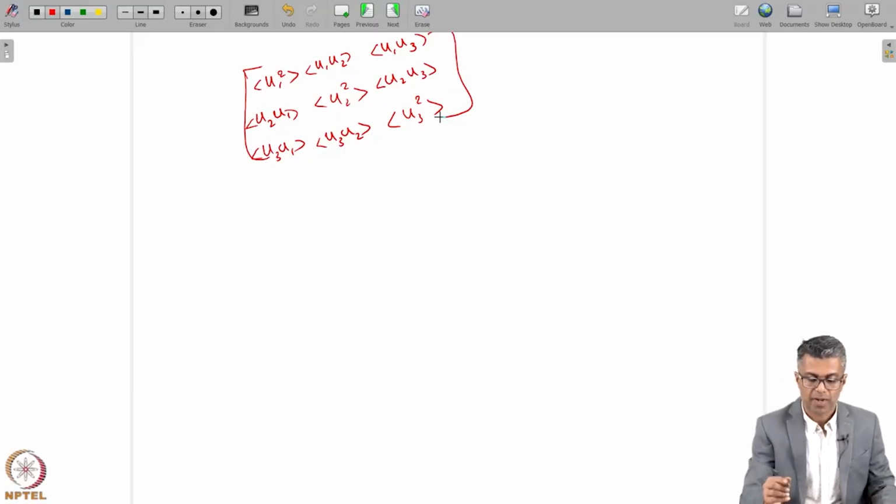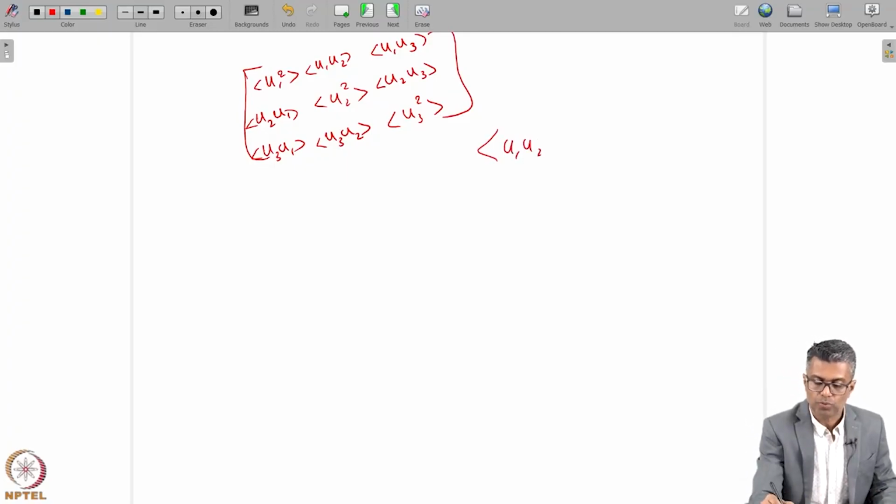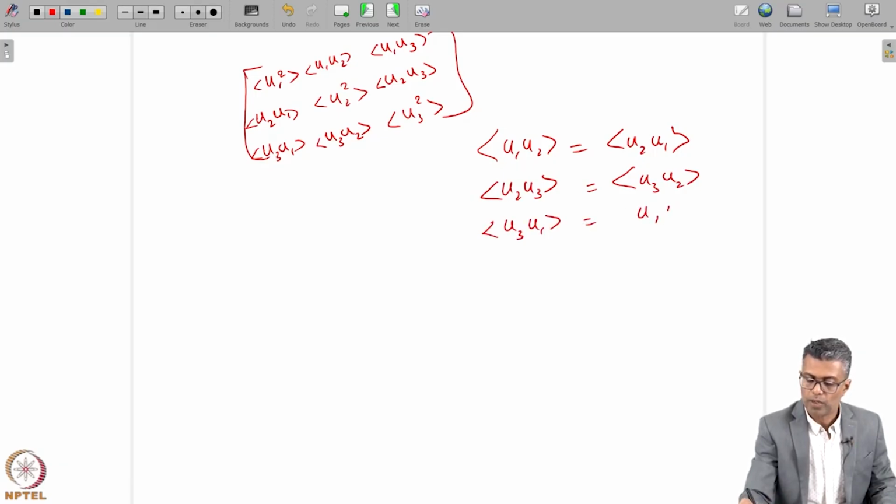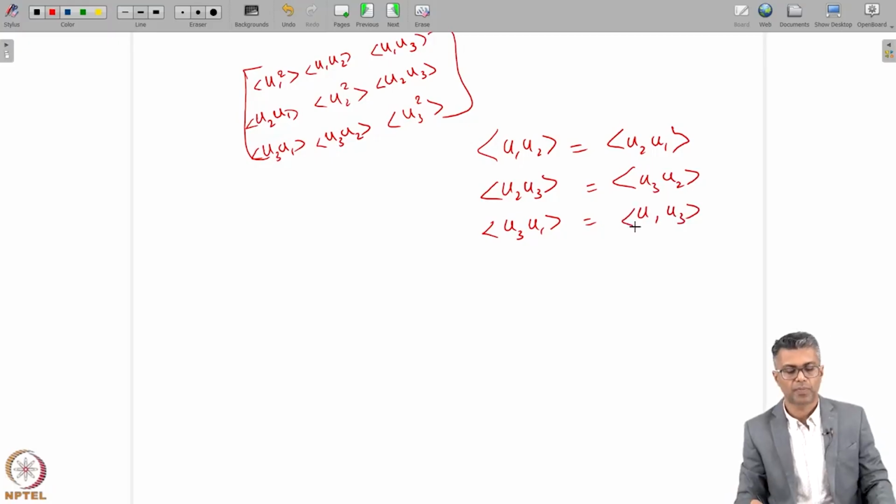And since it is symmetric, U1, U2 is equal to U2, U1. Of course, U2, U3 is equal to U3, U2, and U3, U1 is equal to U1, U3, mean.